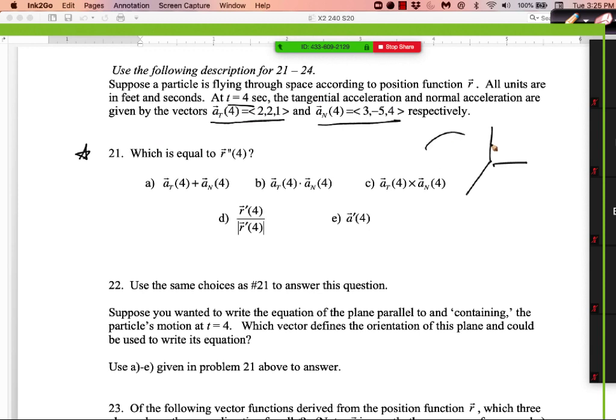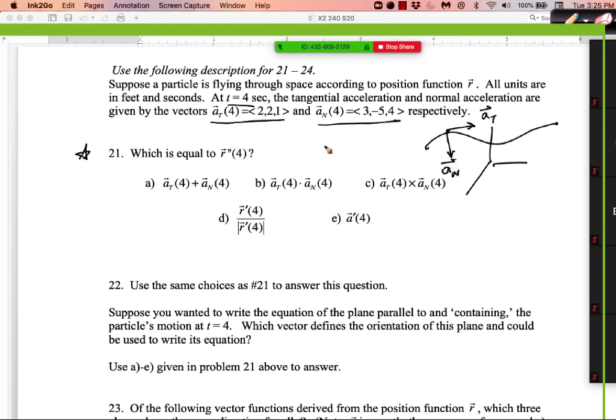So this thing is flying through the air, and say right here, it has a tangential acceleration, which is speeding up and slowing down, and a normal acceleration, which is the acceleration due to turning. You can think of this as the AT vector, and this is the AN vector.